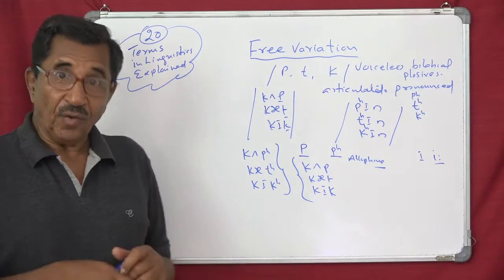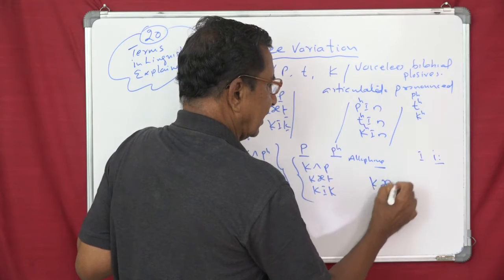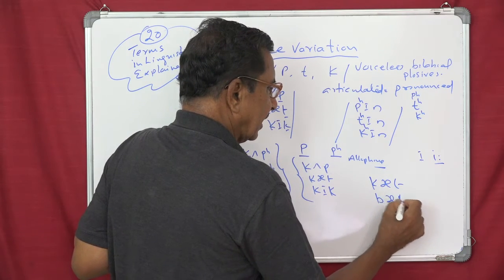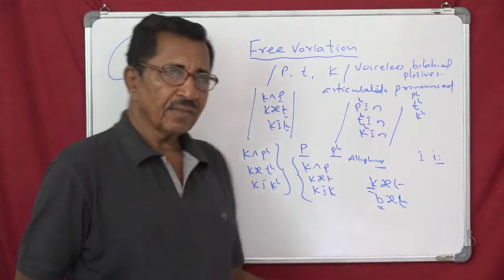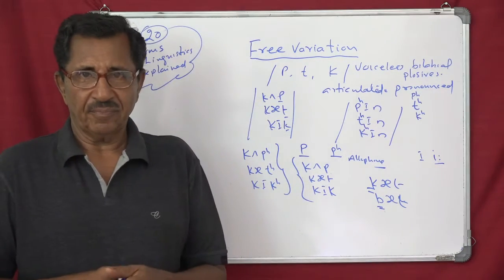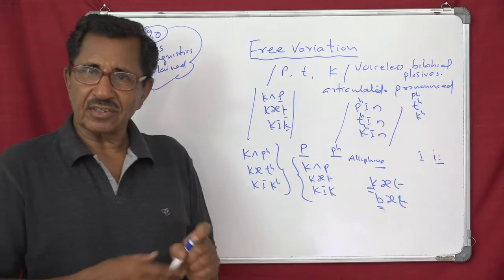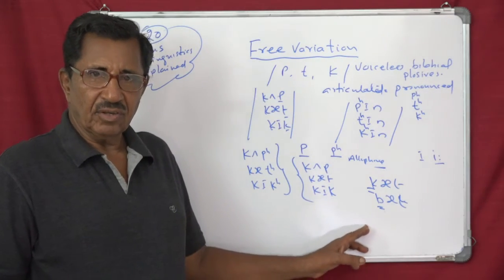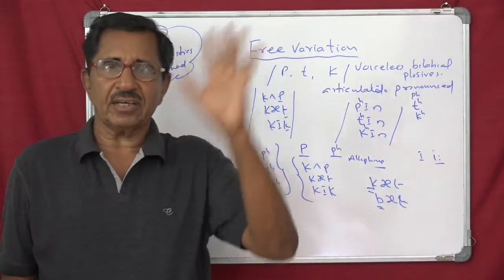Understand? So on the other hand, suppose you write like this, cat, and then you write bat. Instead of k, you substitute b here, then that is contrasting. There is difference. In this case, there is no difference. Here they are mutually exclusive but contrastive. If you substitute b for k, it becomes another word.